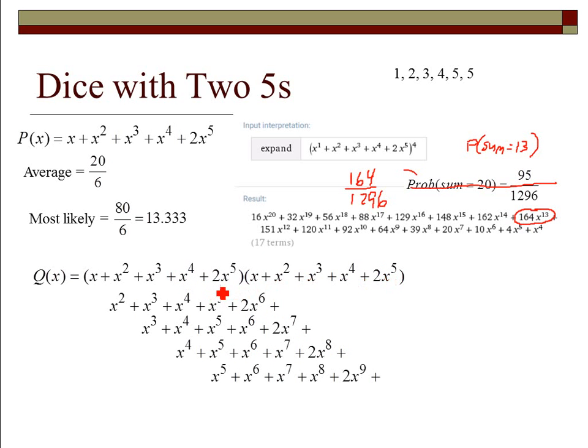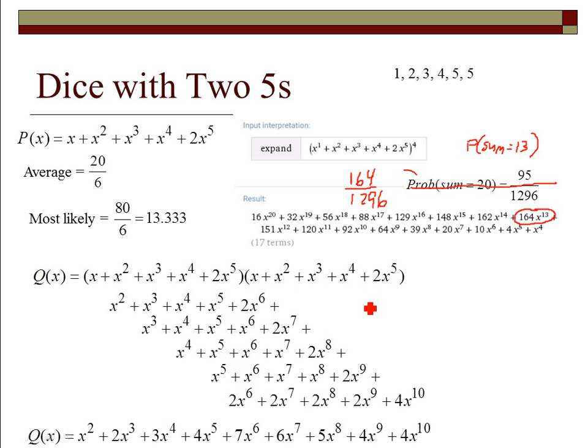Now when I get to this one, my coefficients are going to change. 2x to the fifth times x is 2x to the sixth. I get 2x to the seventh, 2x to the eighth, until I get to the last one, which will be 4x to the 10th. And I just line these up so I can add them together. And now I've got my expansion.